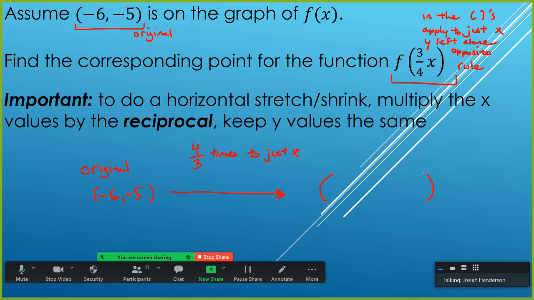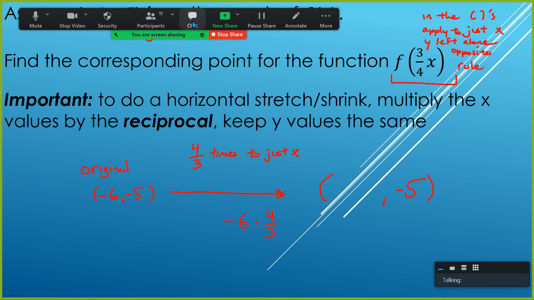So now we've got to do a multiplying like we did in our warm-up. Now y is left alone, so I know that's going to be a -5 again. But what goes in the x location? It's going to be -6 times 4/3. So we got to practice these. A couple things to keep in mind. Negative times a positive, our answer is going to be negative. Remember that.